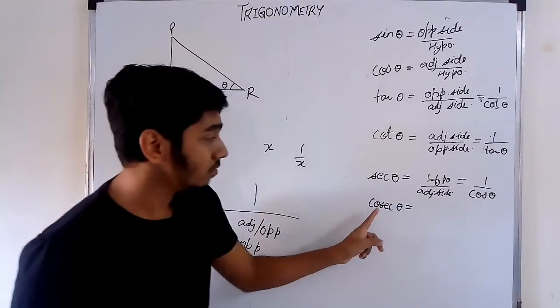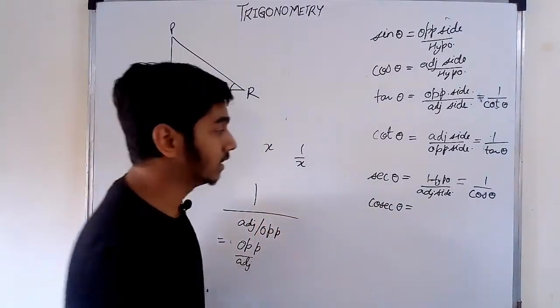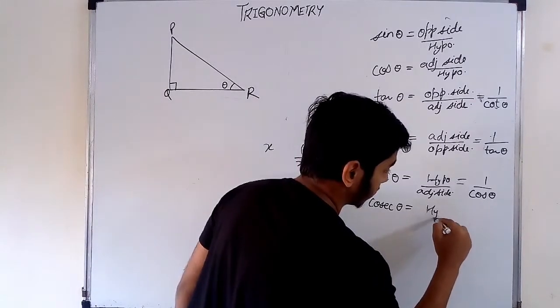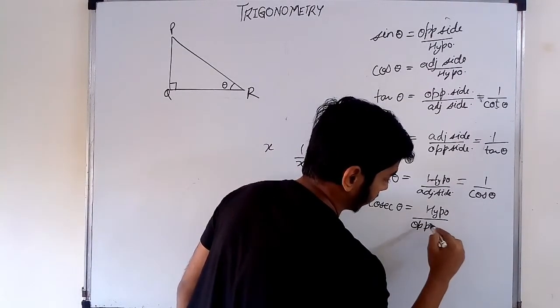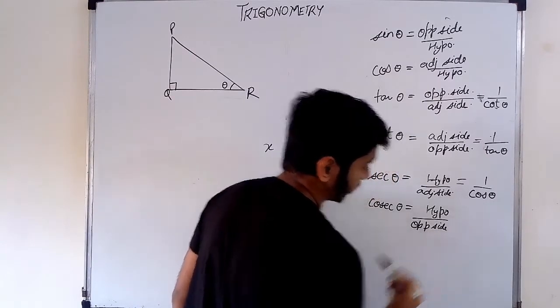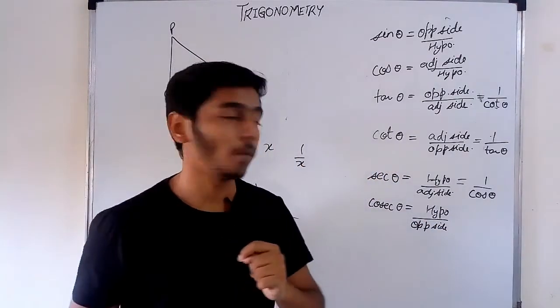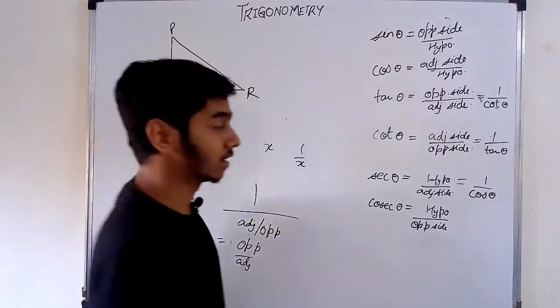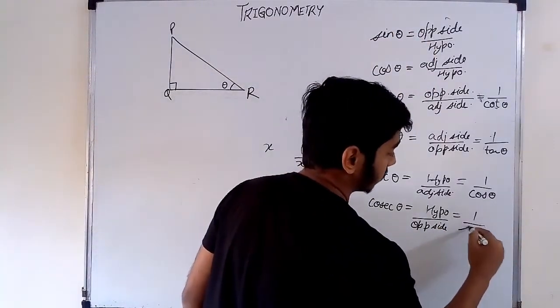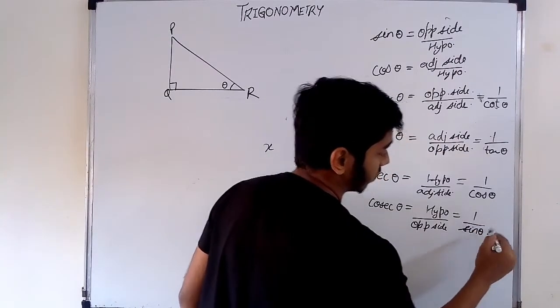Now what is cosec theta? It is hypotenuse upon opposite side, which is the reciprocal of sine theta, the same way. That means 1 upon sine theta.